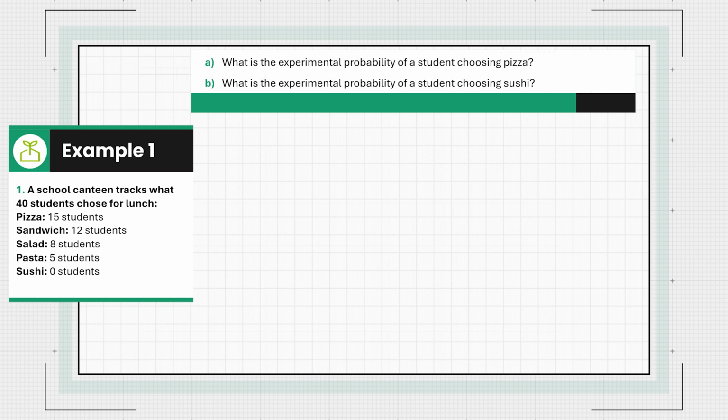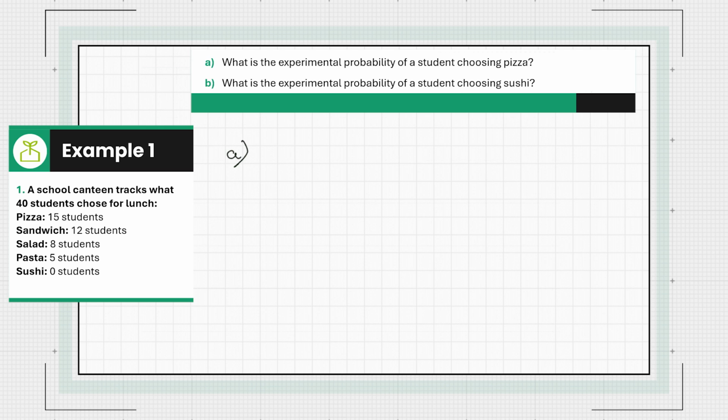So we have pizza, sandwiches, salad, pasta and sushi. And then we have which students chose or preferred which option. So if we look at our first one, what is the experimental probability of choosing pizza? So again, experimental probability is going to be our actual outcomes against the number of trials.